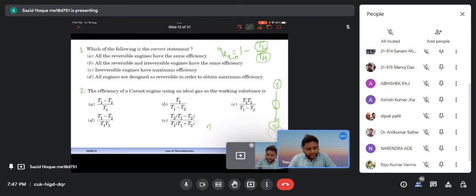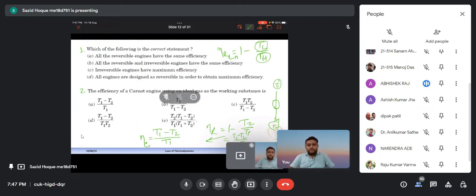So the formula is eta R is 1 minus T2 by T1. So if you take T1 above, it will be the first option, right? So eta Carnot will be (T1 minus T2) by T1.